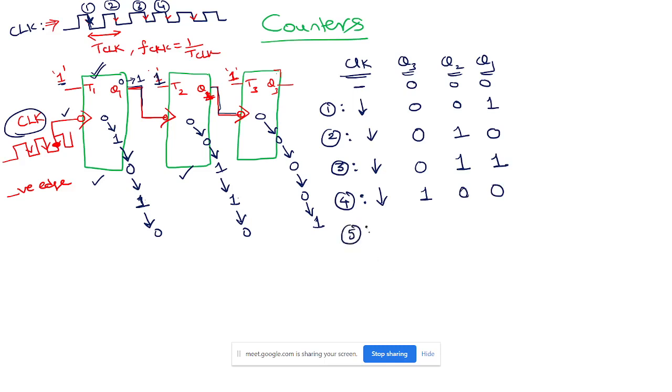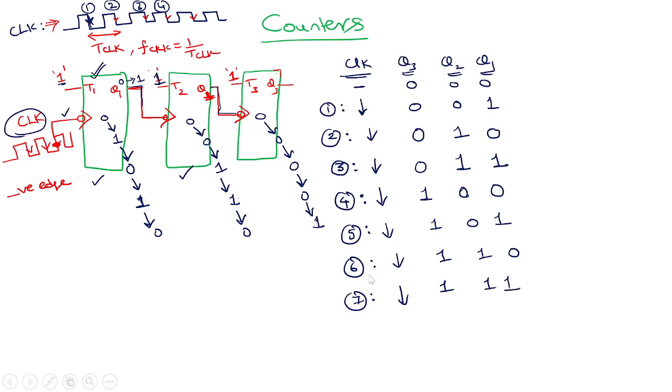Like that, if you continue, a similar story will happen: 1 0 1, then 1 1 0, then 1 1 1. You will end up at 1 1 1. So you will get 1 here, 1 here, 1 here.